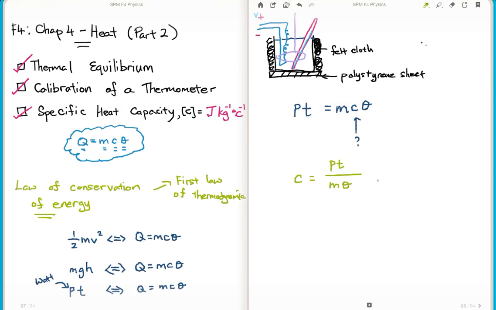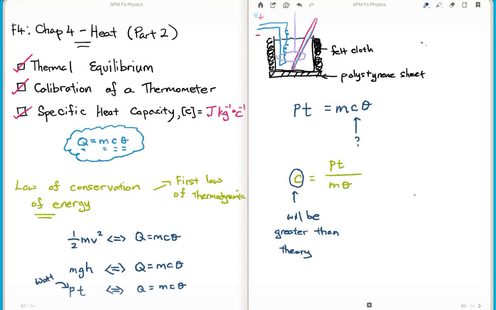Now, most of the time in this kind of experiment, the value of c you calculate from the experiment will actually be greater than the theoretical value.